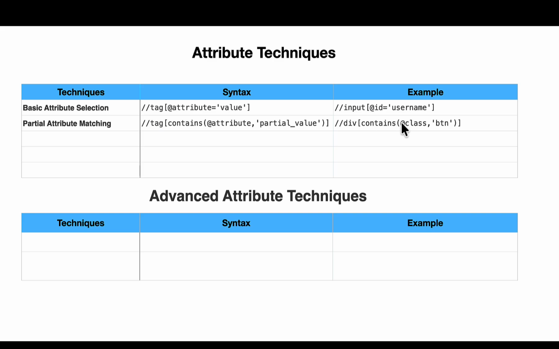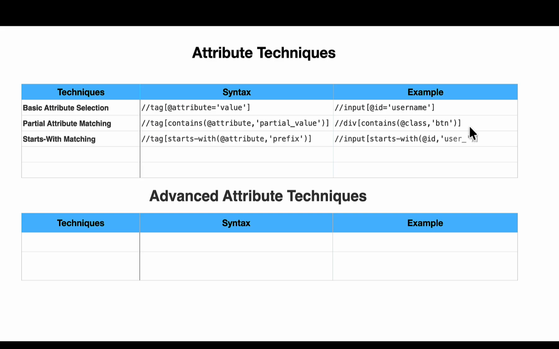I want to check if this div has the class attribute @class, and instead of equal to we put a comma and then btn. The class may be button-1, button-2, button-3, but I just want the div class value to have btn text, maybe abc-btn-1. In that case it will also find that element because we are using contains. So it will check that the @class attribute is there and its value contains btn. That's how it works.